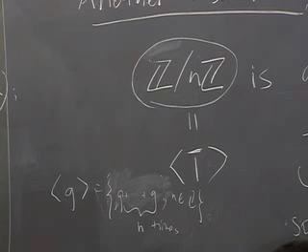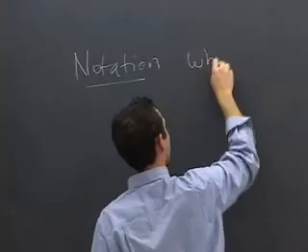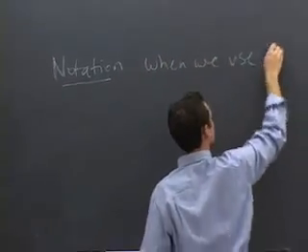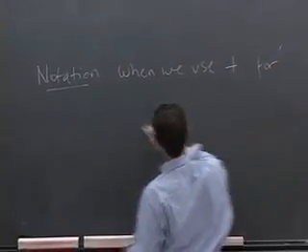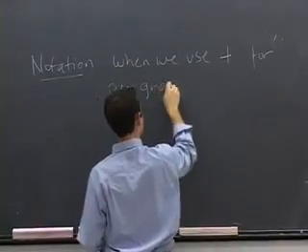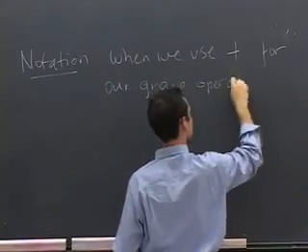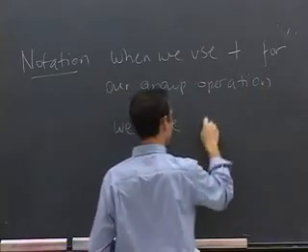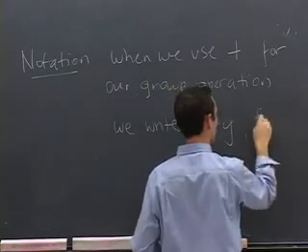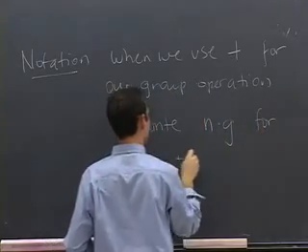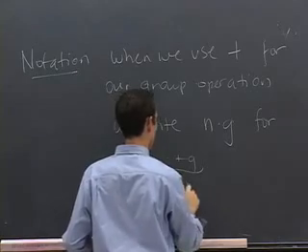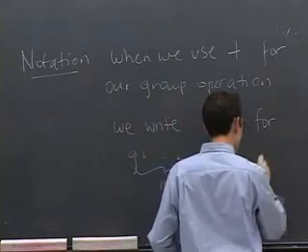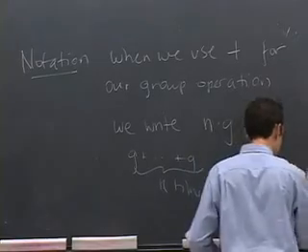So maybe I'll make something that I wrote over there even more explicit. Notation. When we use plus for our group operation, we write n times g for g added to itself n times, not the more multiplicative notation g to the n.